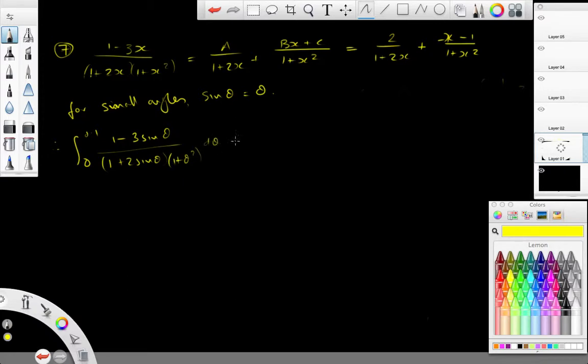d theta, you can say is roughly the same as the integral from 0 to 0.1 of 1 minus 3 theta over 1 plus 2 theta times 1 plus theta squared. And that's exactly the same as we've got here.